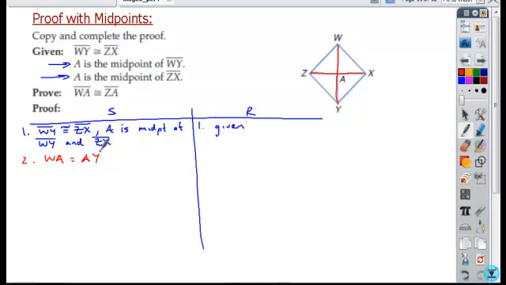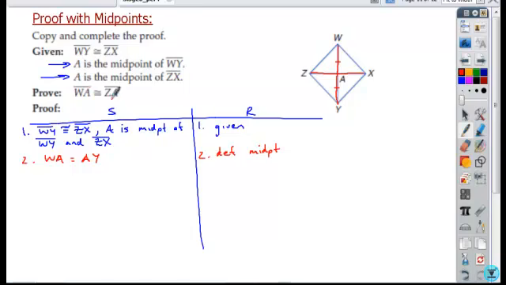You can write YA, that's fine too. But I know that WA and AY are equal, and the reason I know that is what? By definition of midpoint. Okay, so this actually accomplished both of those goals, right? It allowed me to interpret the given information, definition of midpoint, and it introduced WA.